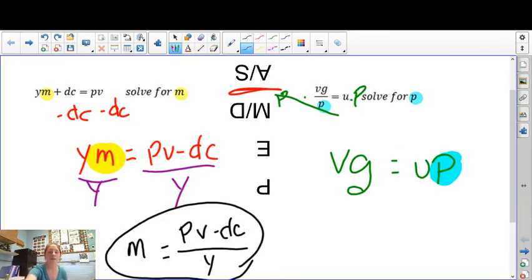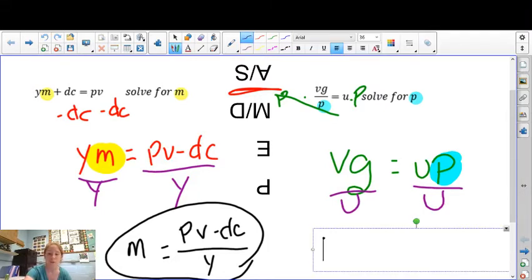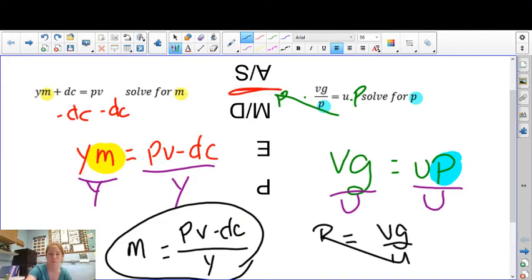But now I'm going to divide by U, since U is being multiplied with the P. So P is equal to VG divided by U.